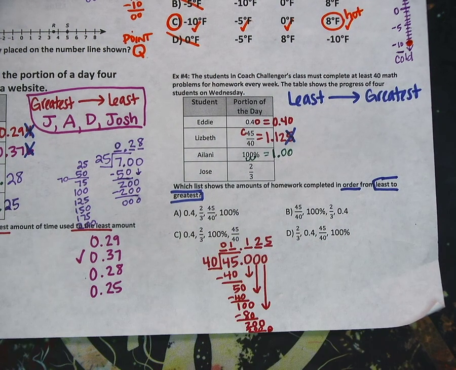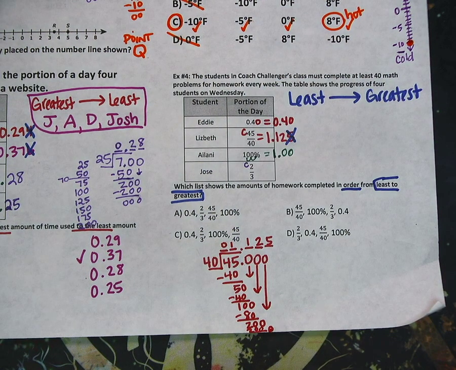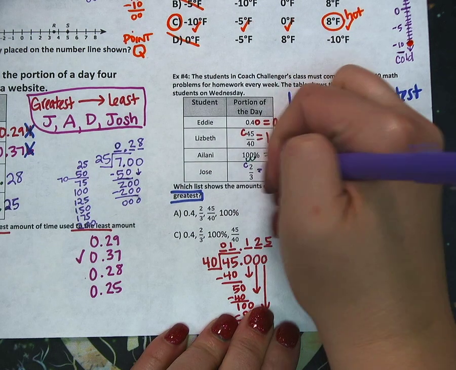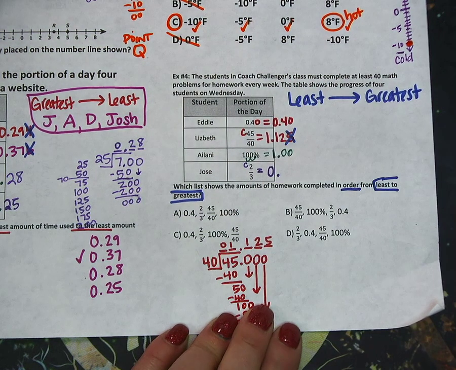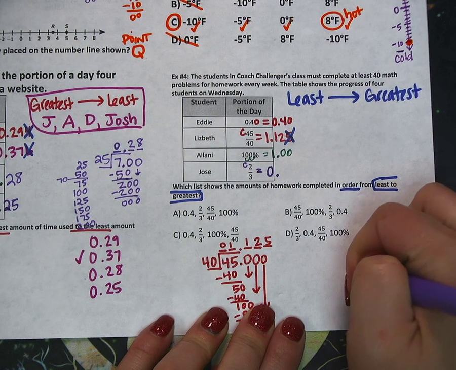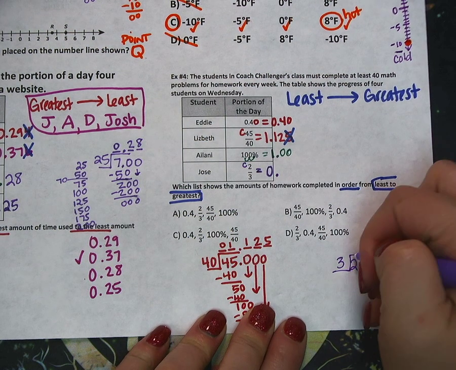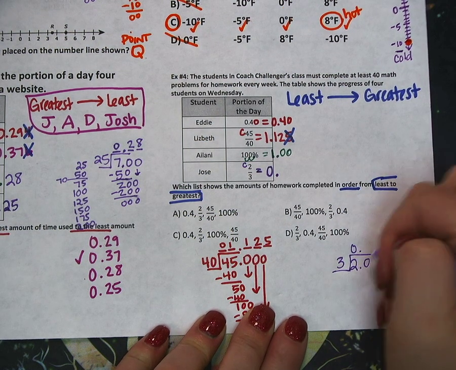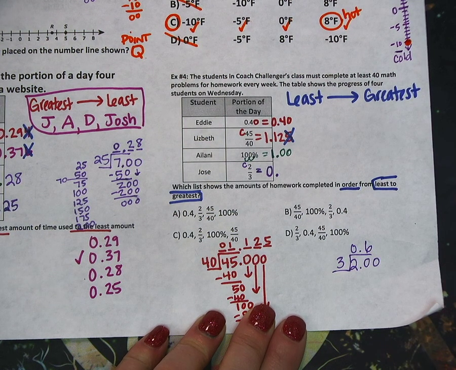And then my last one, Jose, is 2/3. So I am going to label my cowboy and divide. So again, 2/3 has a small cowboy, so I know it's gonna start with a 0. So I'm gonna put 2 in the house, boots and hat, 3 goes inside. 3 people cannot sit in 2 chairs, but they can sit in 20 chairs 6 times.